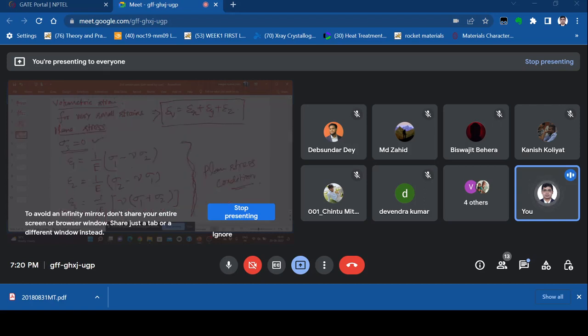Just put sigma z equal to 0. So this is what I have assumed. You can use it interchangeably. Just put this component 0 in these equations, and you will get these three. Yes, sir, I got it.